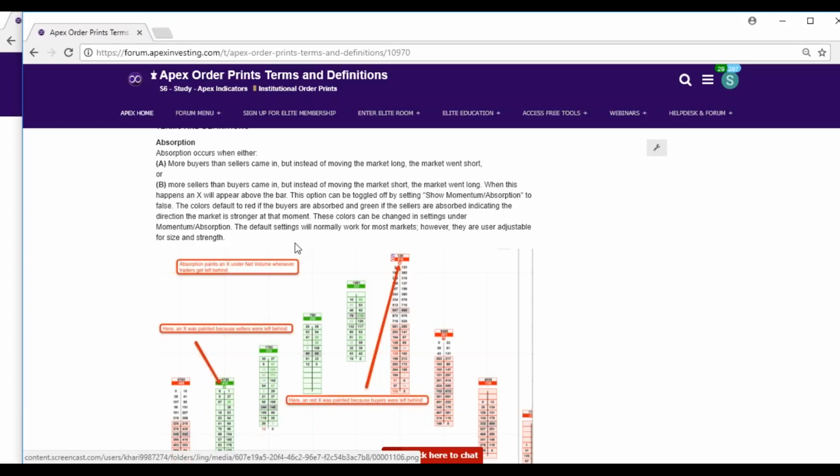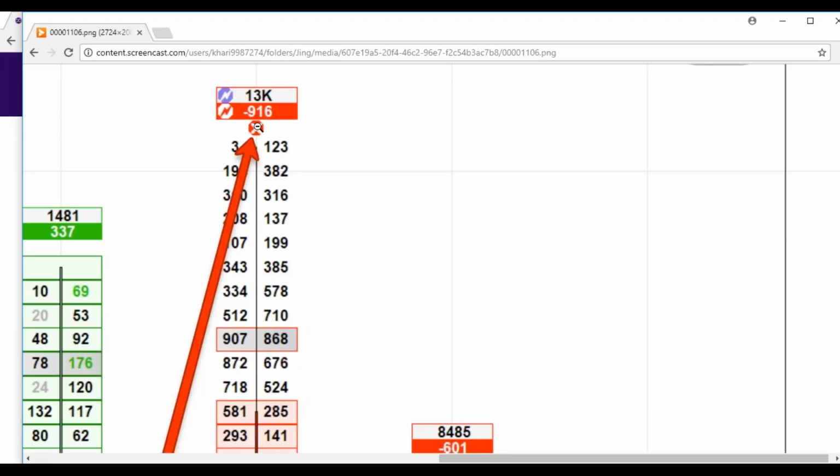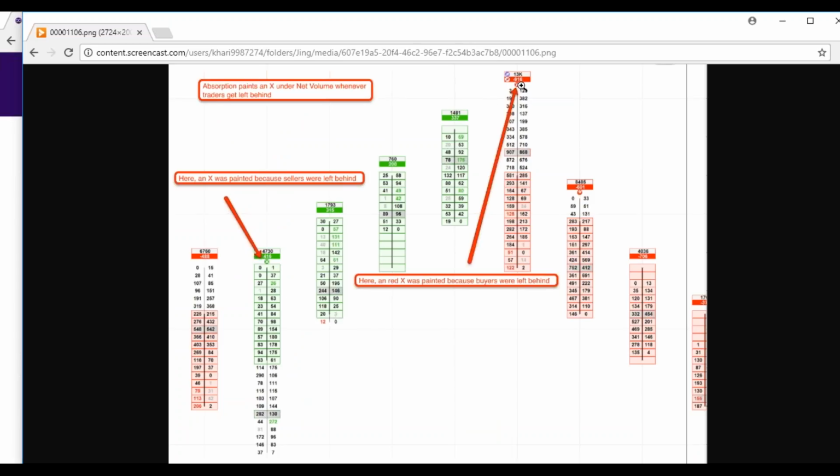Well, we want to hop on that train, right? Yeah. So how does that plot? Well, it's right here. See the X? That's the X we're talking about. That X stands for absorption, and that means that buyers were absorbed.